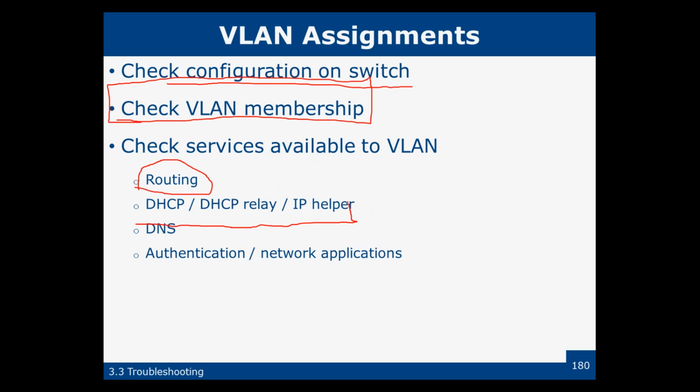DHCP relay agents: IP helper is the relay agent that runs on the Cisco router. Is DNS available? Authentication and network applications. Can they authenticate from that network? That's going to be related to DNS when you get to Active Directory, because a DNS server has to be available to find all of these resources.